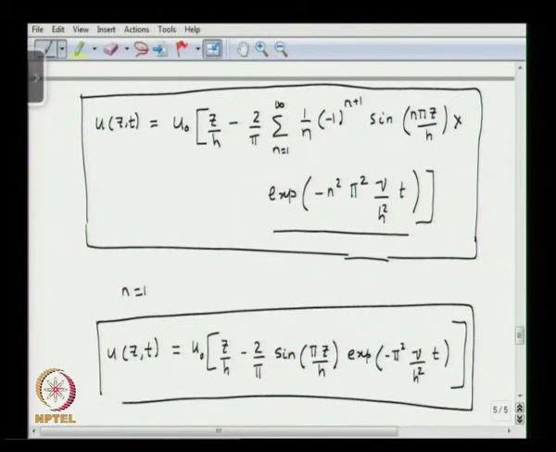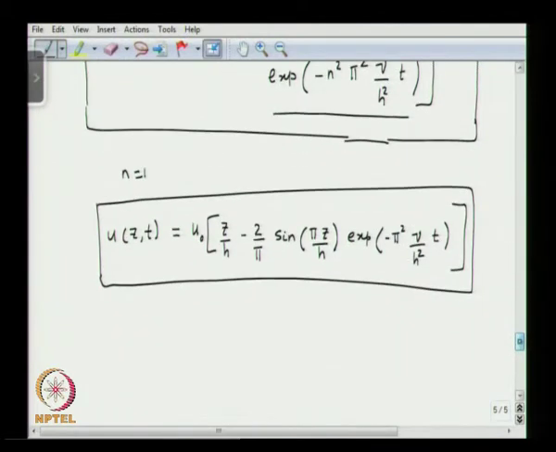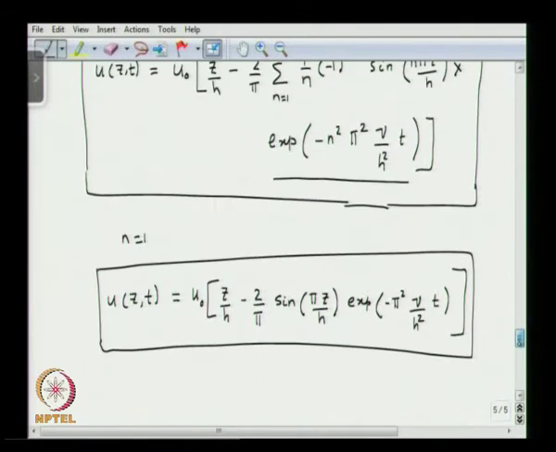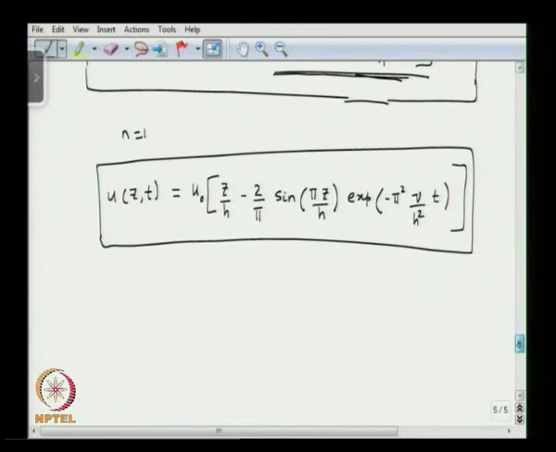So, this is the expression when n equal to 1. For n greater than 1, this value again will be very negligible, so we just evaluate for n equal to 1.